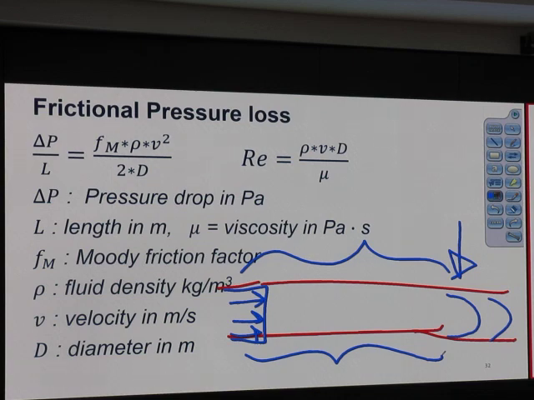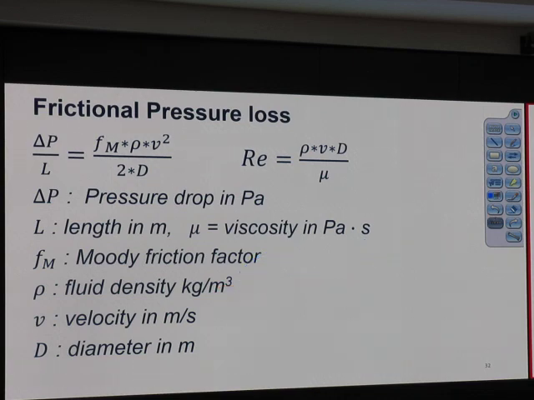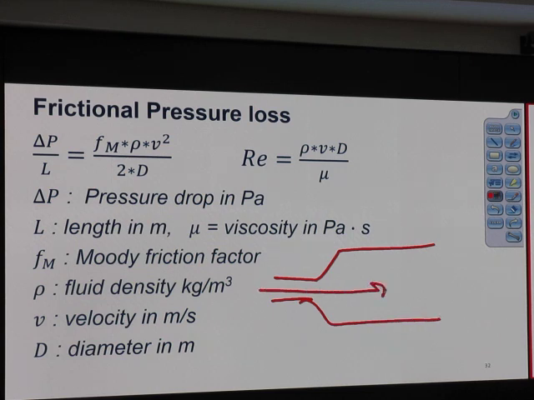All right. But sometimes there's some kind of expansion. So if we go from a small pipe and have some expansion, it's a little bit hard to guess.